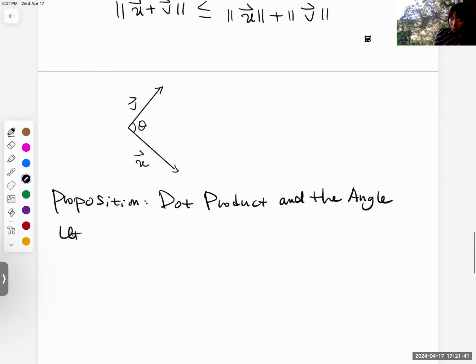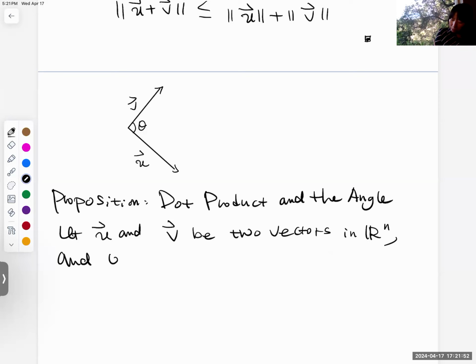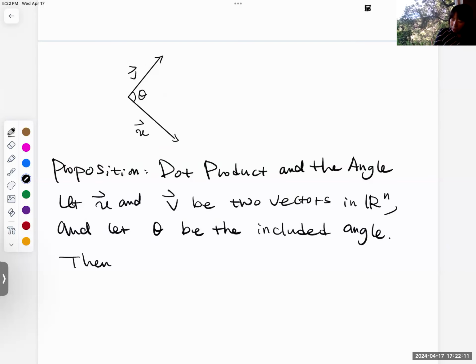So let u and v be two vectors in R^n, and let theta be the included angle. Then the vector u dot product with v.